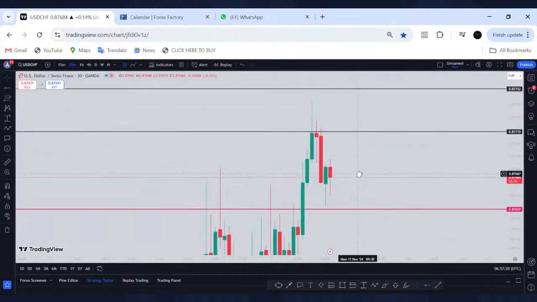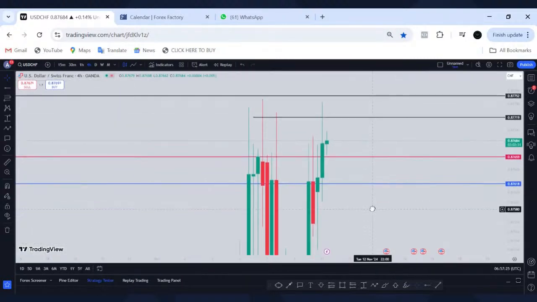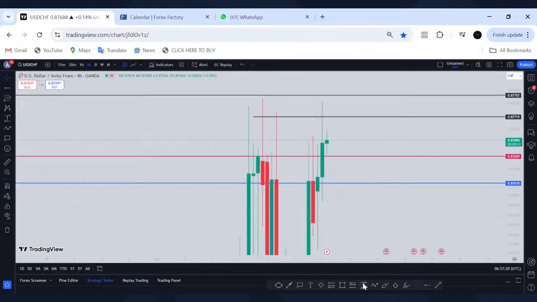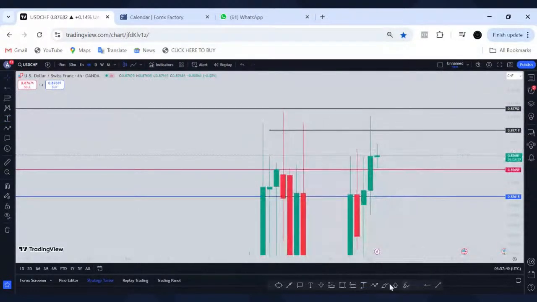Looking at the M30 time frame, let me check the stop loss. So the stop loss is going to be in case entry 9 pips. So the chances that price is just going to fill this wick, which is a very small zone, is very high.